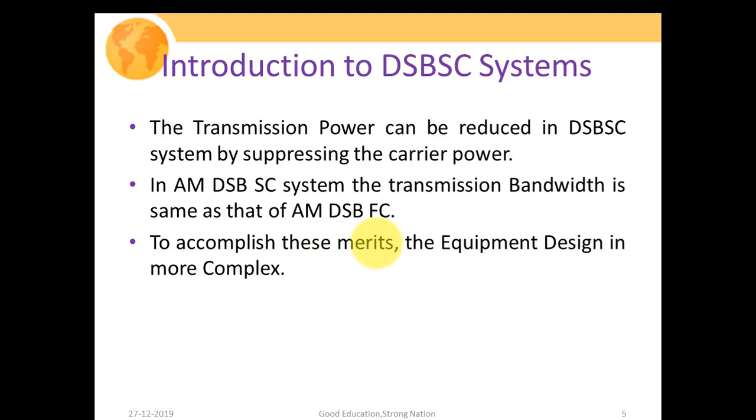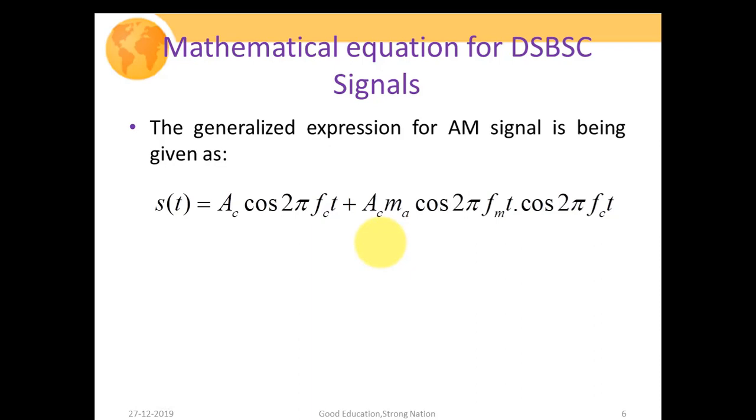As we know, for generating a traditional AM signal, any sort of non-linear device could serve the purpose, but since we need to suppress the carrier signal and perform certain more complex operations in order to generate double sideband suppressed carrier signals, obviously the equipment design will be more complex. So now we'll try to find out the mathematical equations of double sideband suppressed carrier signals.